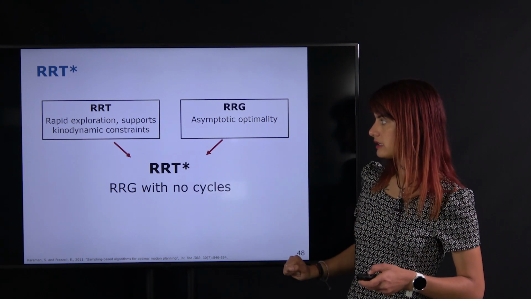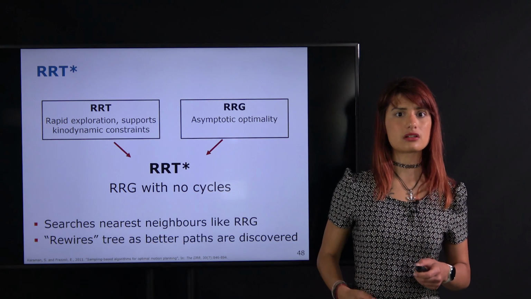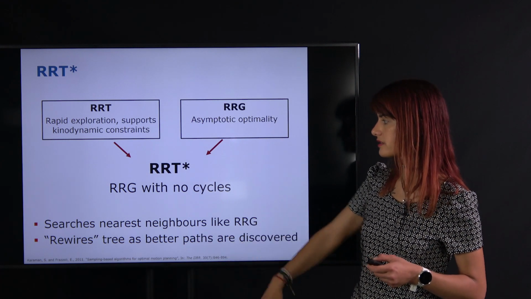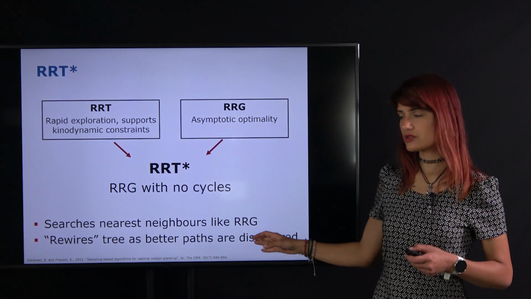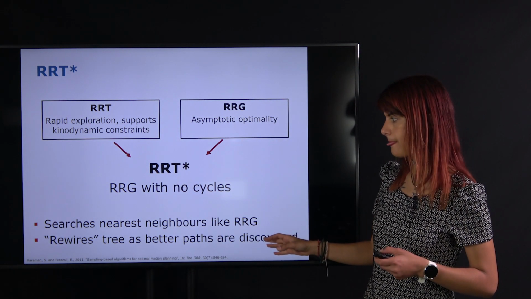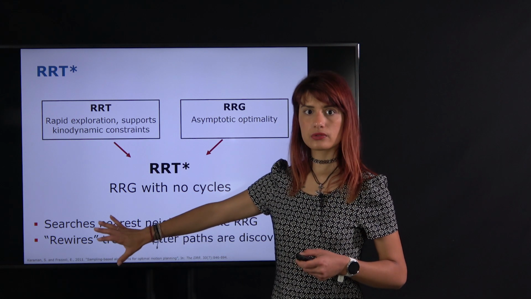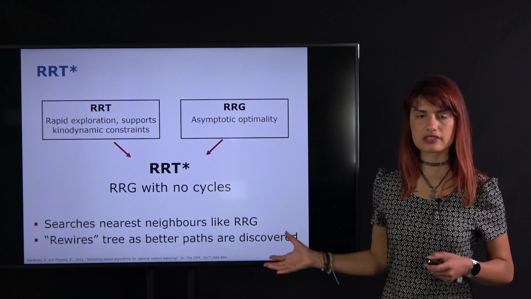So the RRT star uses both of these tricks that we introduced in our discussion about asymptotically optimal planners. It uses this adaptive radius for nearest neighbors, just like the graph version. But, and we won't go into too much detail, it rewires the tree as better paths are discovered.